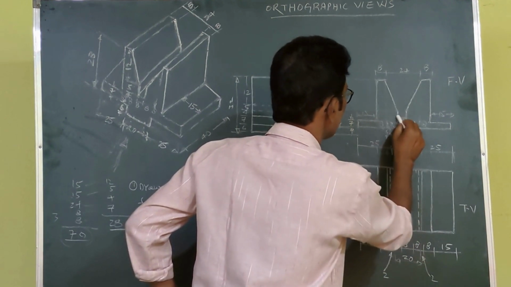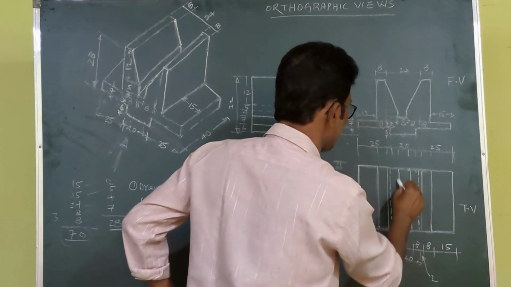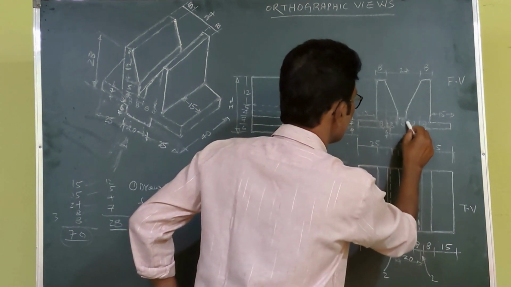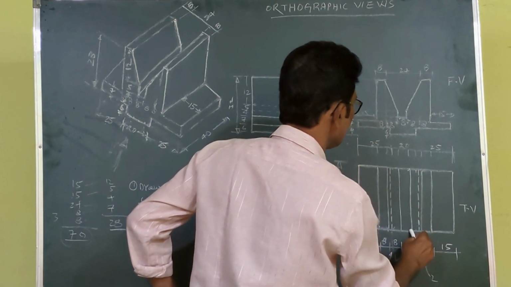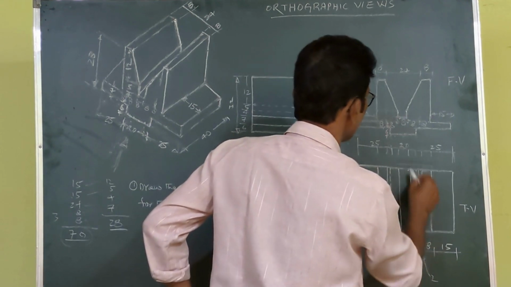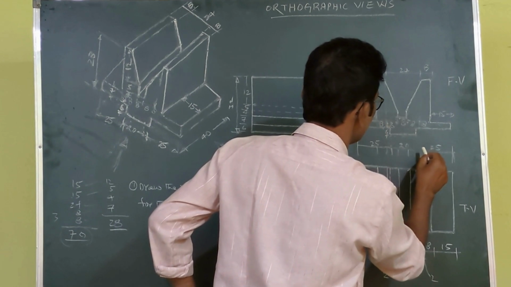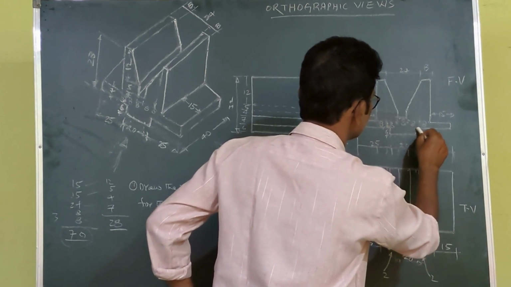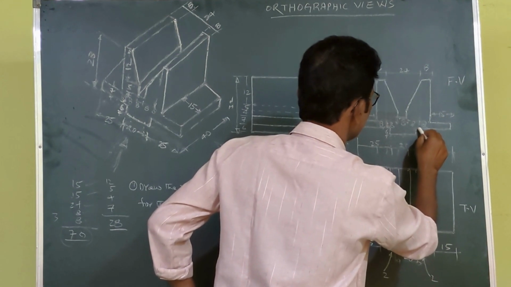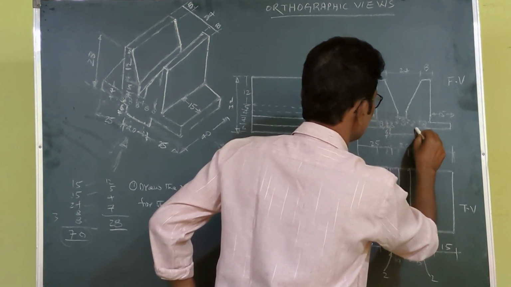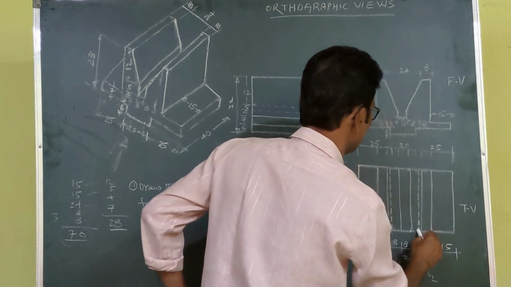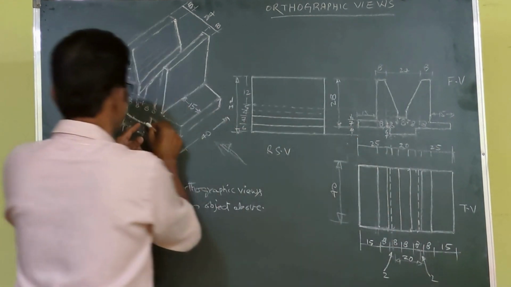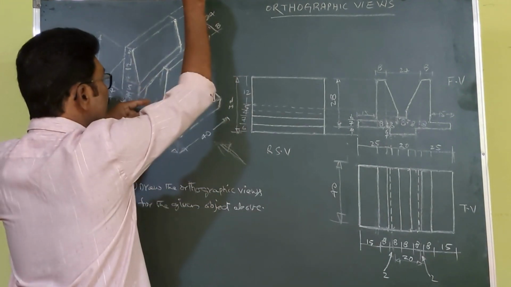Again, from here to here, this is the 8. That line is extended. From here to here, that is the extended full line, and again this is the 8, this is the 8, you see here. This is the dotted line, because this line is not visible in the top view.